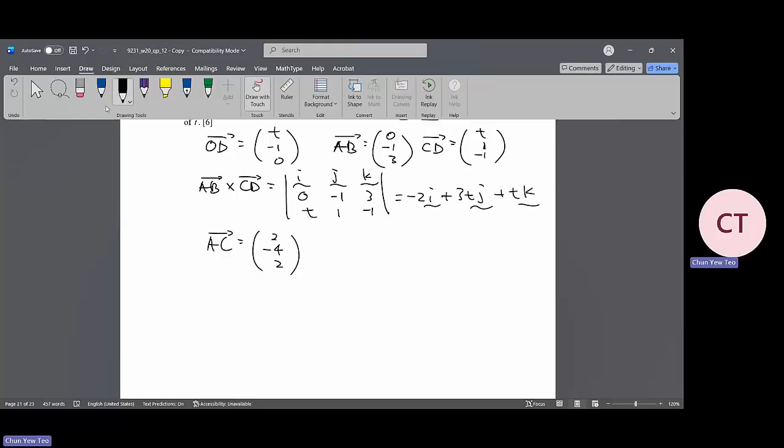Okay, then given the shortest distance between AB and CD is a certain value, by using the formula, we just memorize the formula. The formula will be AC dot the cross product just now, divided by the magnitude of the cross product.